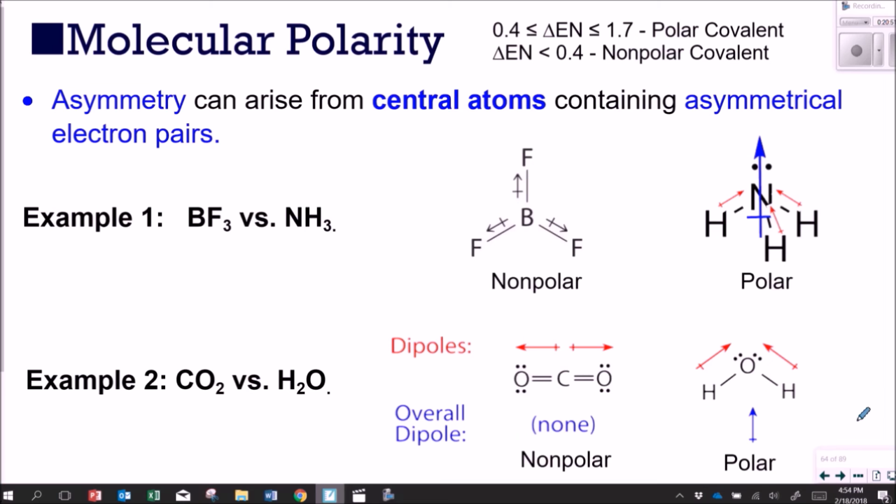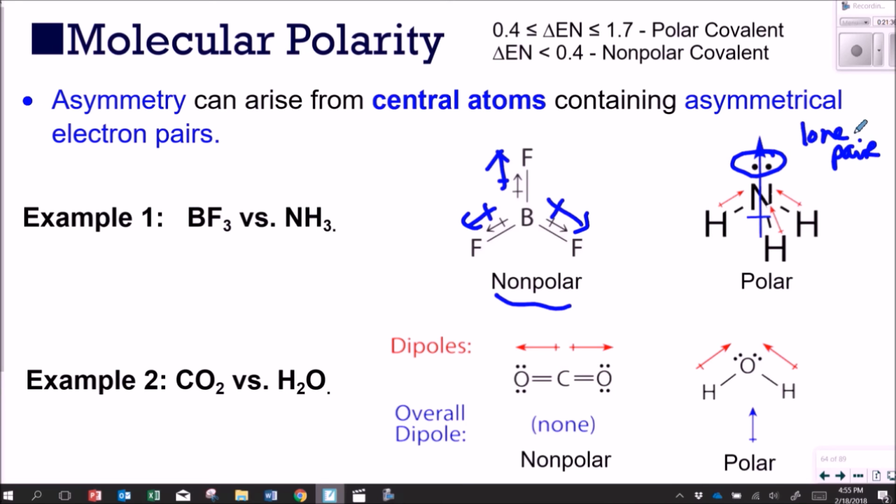Asymmetry can also come from the central atoms containing asymmetrical electron pairs. So let's compare boron trifluoride and ammonia. In boron trifluoride, we have 3 polar bonds. But again, due to the symmetrical nature of this molecule, they cancel each other out, and we end up with a nonpolar molecule. If we look at ammonia, we have 3 hydrogens bonded to a nitrogen, but we have this lone pair of electrons over here.